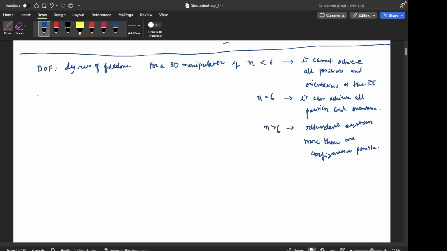Now the next are the two spaces which I talked about, right? First is the task space, also known as the end effector space.